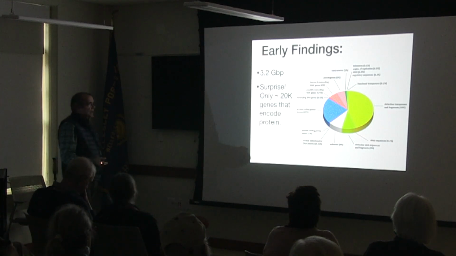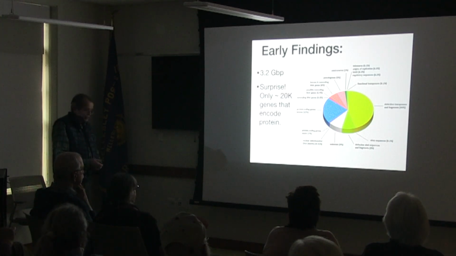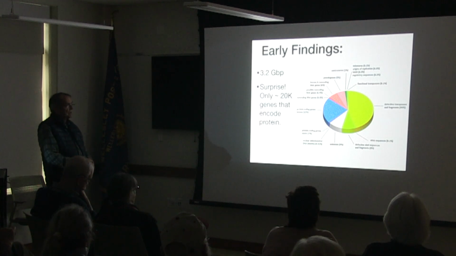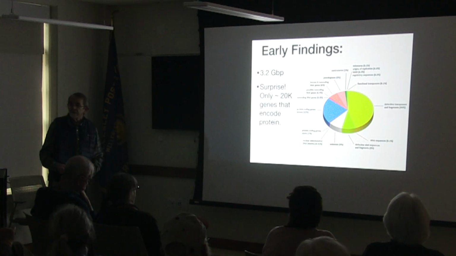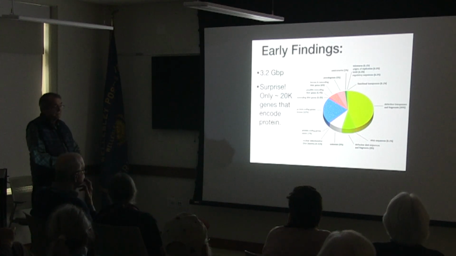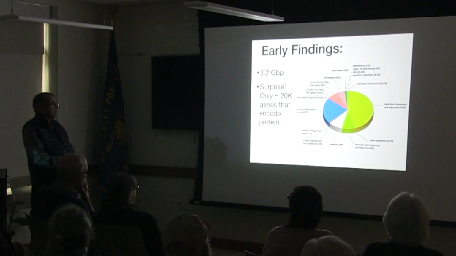Well, we've identified a lot of things, and I'm not going to go into each of them. There's still 9% that we just throw up our hands and say, I don't know. That's a lot, and probably it's because we just don't know enough yet and haven't sorted that out.